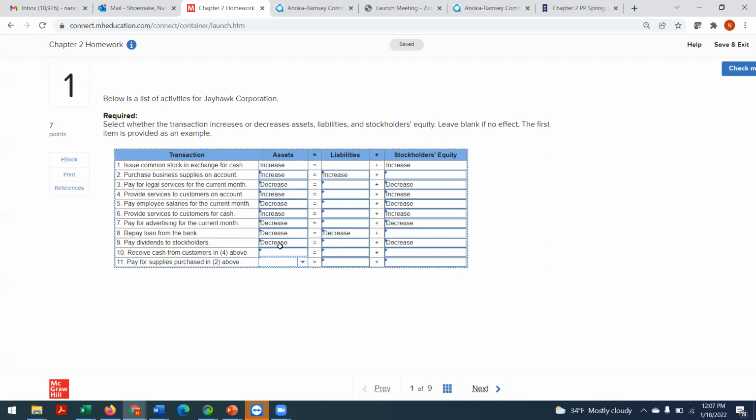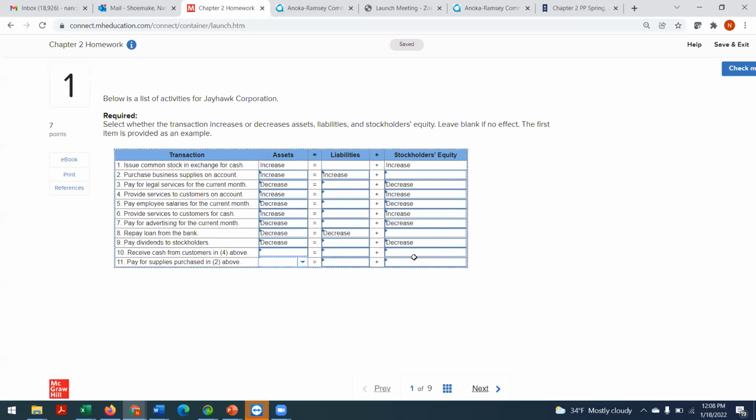It's not going to affect our liabilities or stockholders' equity because the only two accounts we're dealing with are cash and accounts receivable. They're both assets. Cash will go up, but accounts receivable will go down, and there's no change.